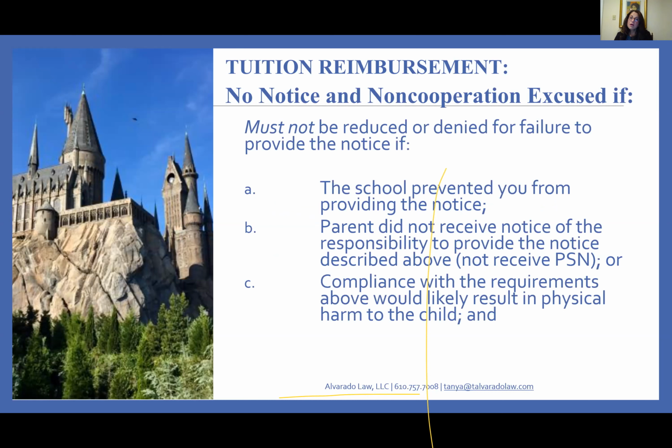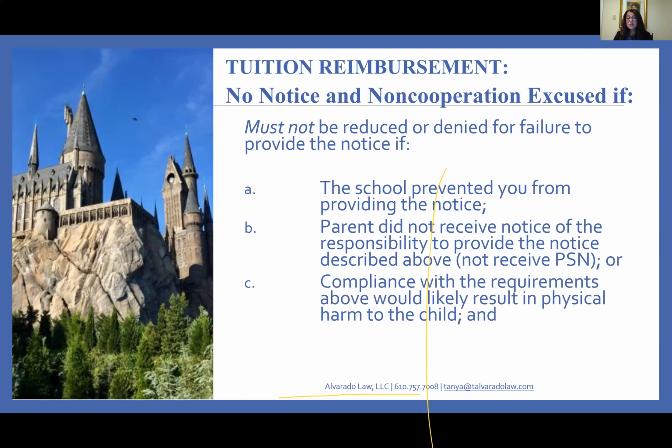Okay, so there are exceptions to this, where you cannot give enough notice or your behavior looks like you're not cooperating. There are 3 exceptions. If the school district somehow prevented you from providing notice, that is excusable.